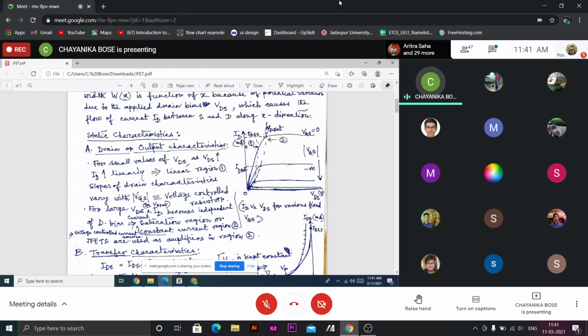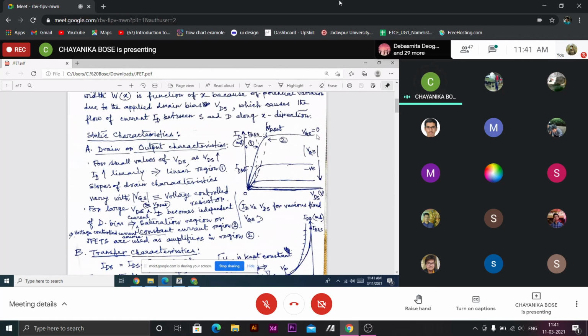So this is the VD saturation voltage, and the corresponding current is the saturation drain current. In the saturation region we call it IDSS, where the gate voltage is 0. So that is the maximum value of saturation current.